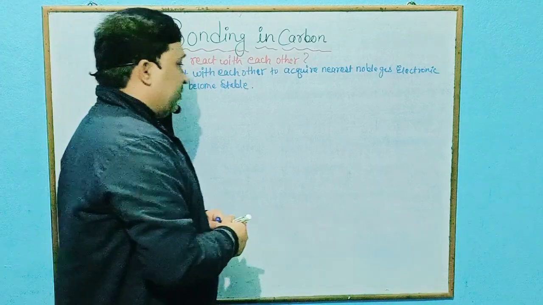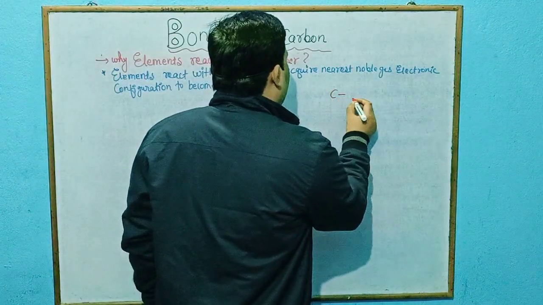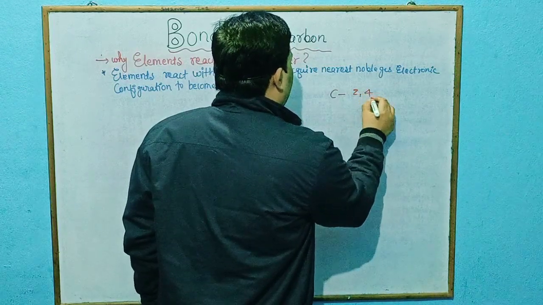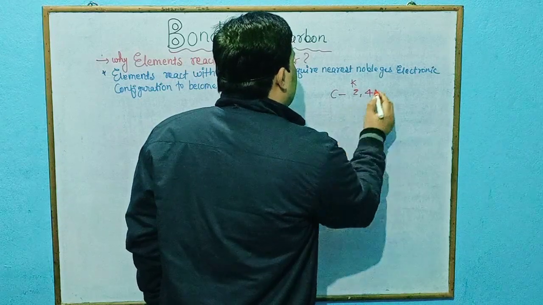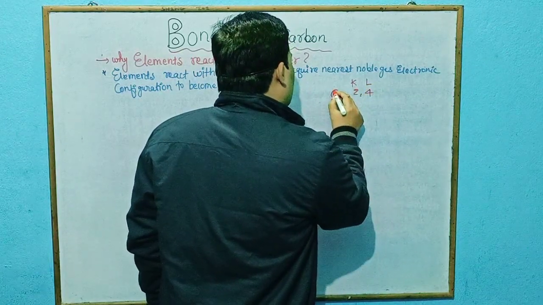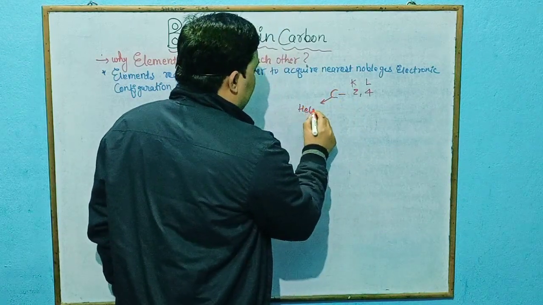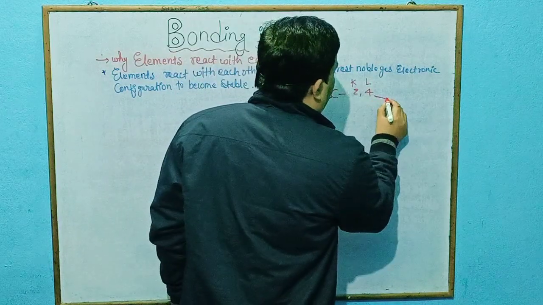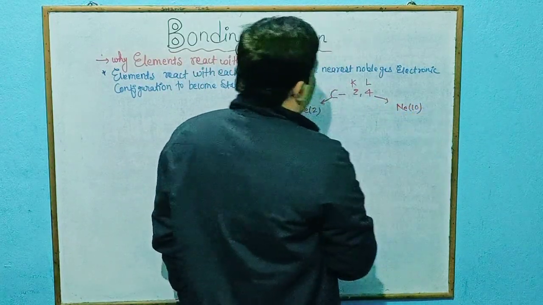So before we understand, let us have a look at the electronic configuration of carbon. It is 2, 4. It has 2 electrons in the first shell and 4 electrons in the second shell. And the nearest noble gases for carbon are helium, 2, and the next one is neon, 10.